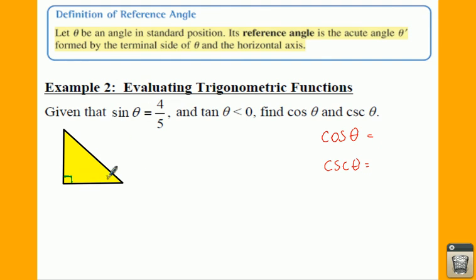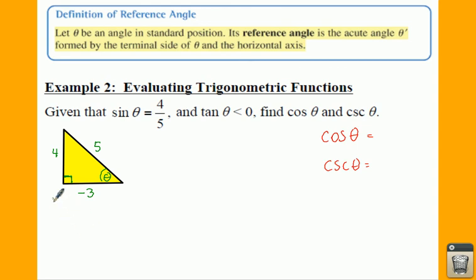We know that if this is our theta right here, then our sine is 4/5. You can do the Pythagorean theorem, but we know this is a 3, 4, 5 triangle. This is a 3 here. But since we're in quadrant 2, your cosine, your x value, is going to be negative. So that's a -3.